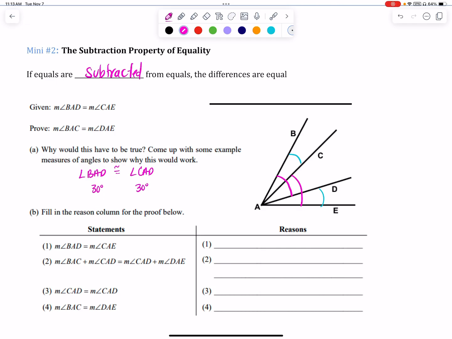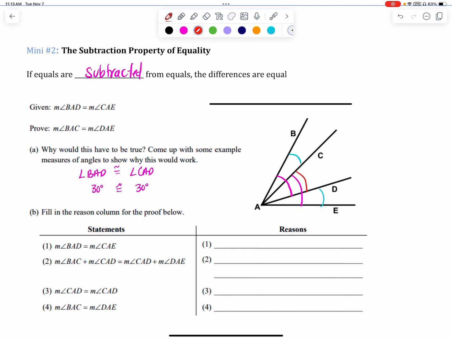Now, we know that they're equal to each other, but what do they have in common? We have CAD in common here. So we need to figure out what these blue angles are, BAC and DAE. If I cut out or subtract CAD, I'm going to have those blue angles left over from the pink.